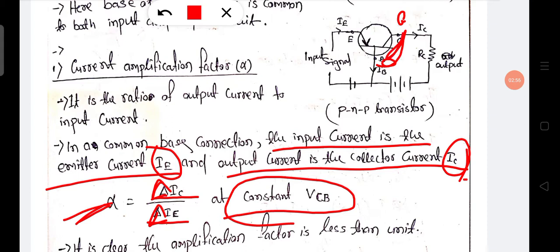When we calculate current amplification, we keep this voltage constant.